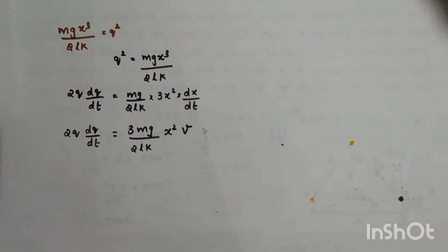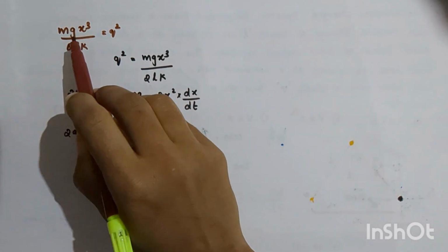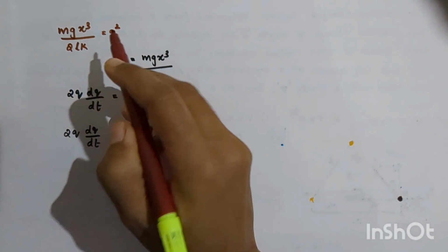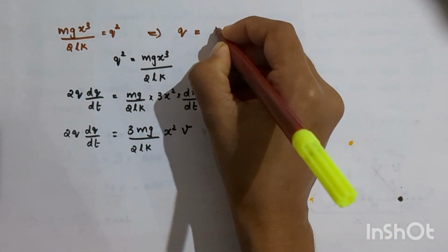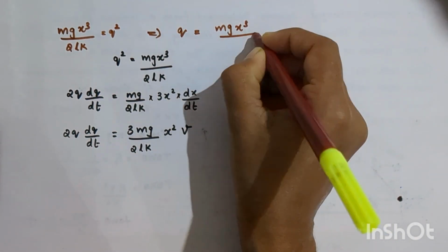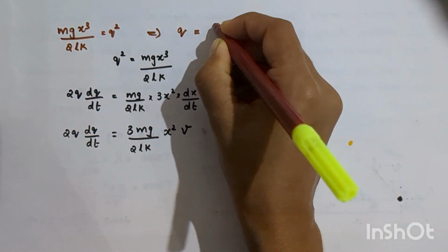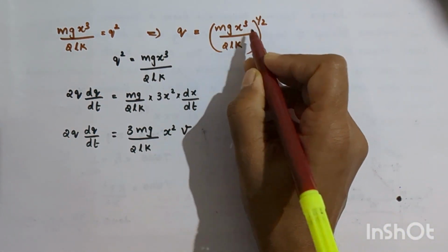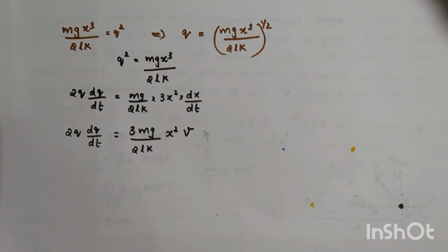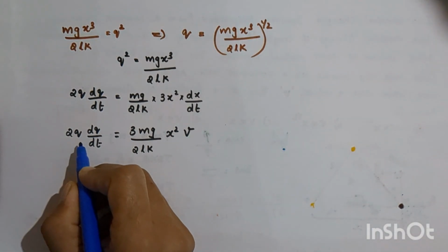Now you see, from the earlier equation we have q square is equal to mg x cube by 2lk. So from this you can write q as the square root of this, or (mg x cube divided by 2lk) raised to 1 by 2. Now I am going to substitute the expression for q into this expression.